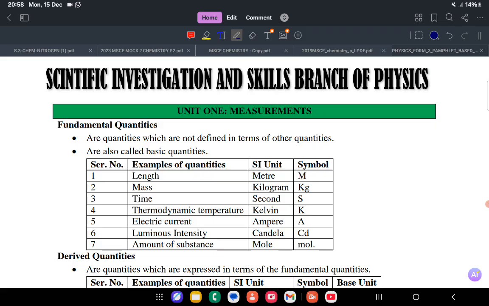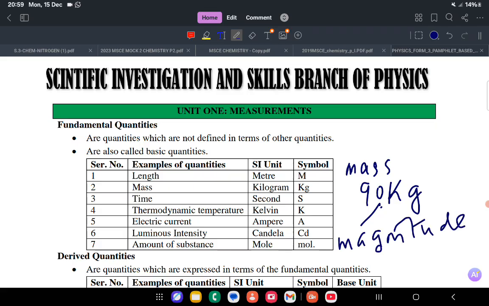For example, let's suppose that your body has a mass of 90 kgs. This must be very huge. The 90 part is the magnitude, while the kg is the unit.